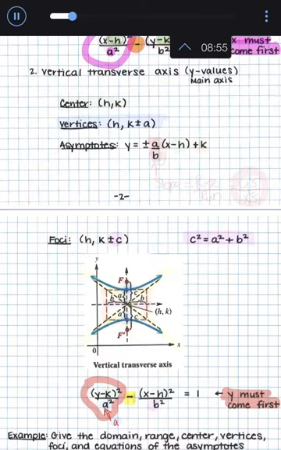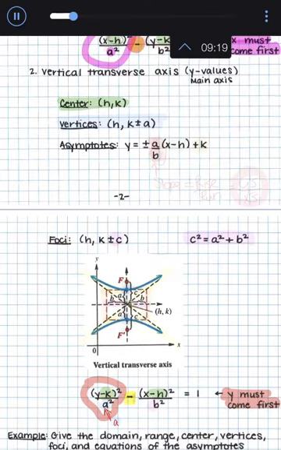Okay, so continuing along, we know that our center is going to come from whatever's with your x squared and whatever's inside with your y squared. Again, just like before, we'll do the opposite of whatever's listed to come up with your center. Then your vertices are going to be on your major axis.